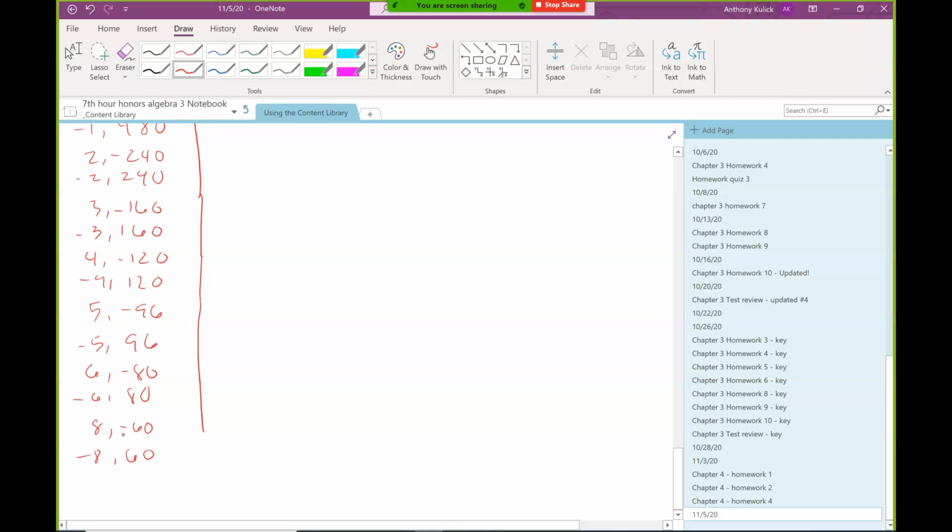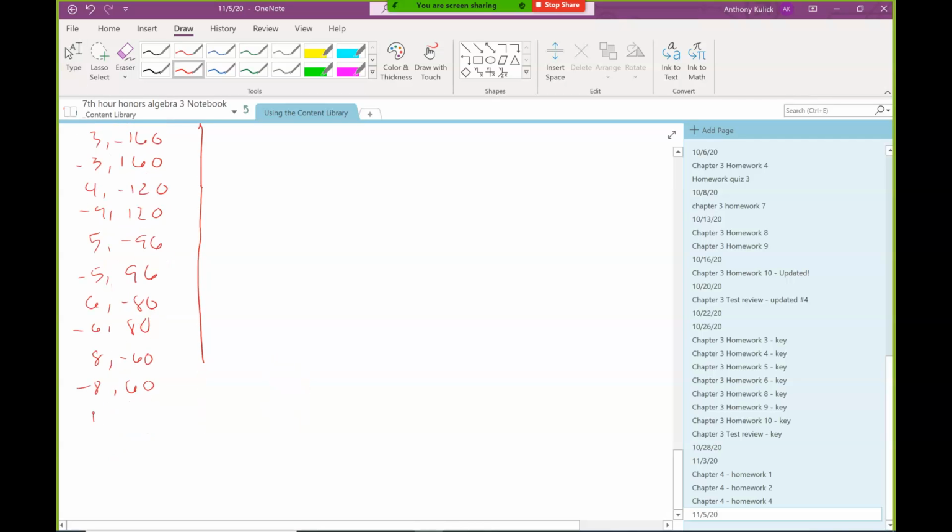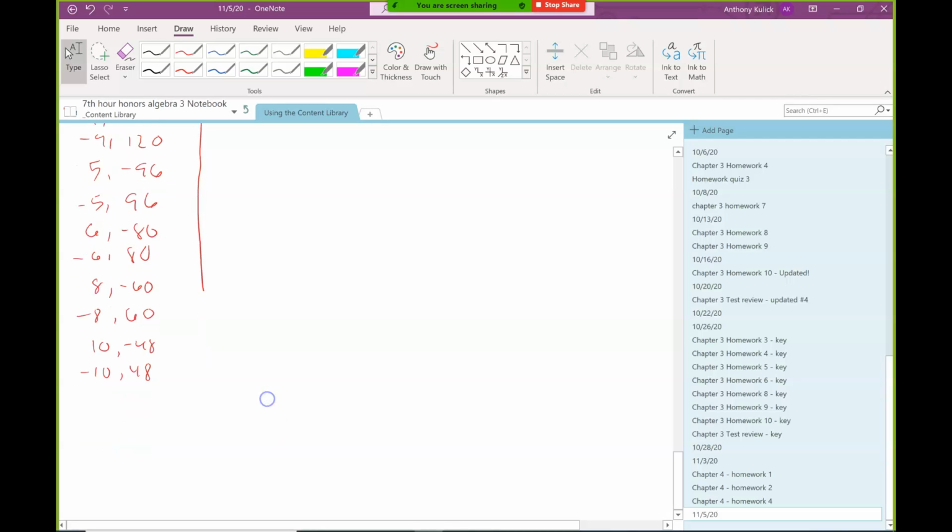I think 9 goes in. 11 doesn't go in. 12 does. 13 doesn't go in. 14 doesn't go in. And there is finally the pair that we needed, right?